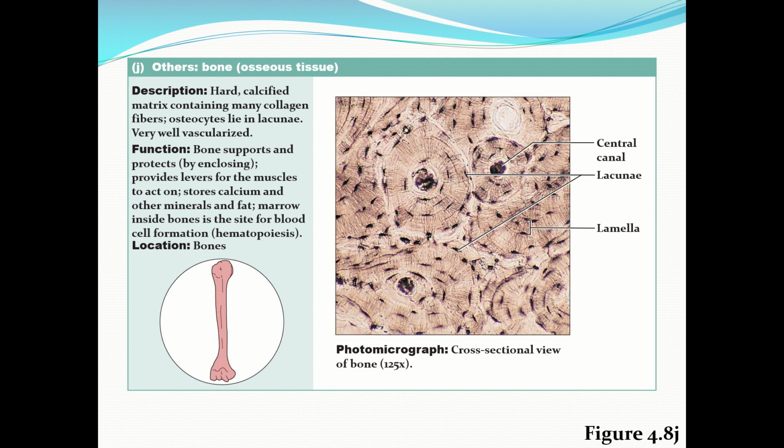The next type of structural tissue is the bony tissue or osseous tissue. The central canal that is pictured in this slide is going to house blood vessels and nerves. And so bony tissue is highly vascularized and innervated and is thus constantly remodeling itself, meaning that it's laying down new bony tissue or absorbing bony tissue into the blood as needed.